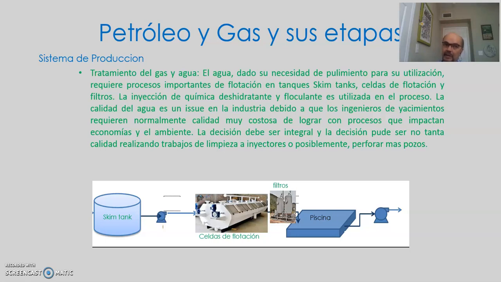So that's a lot of oil. So what we do is we send that water to a skim tank where we use some chemicals. I don't remember the name of the chemical. But what it does is try to put all the drops together and float them.